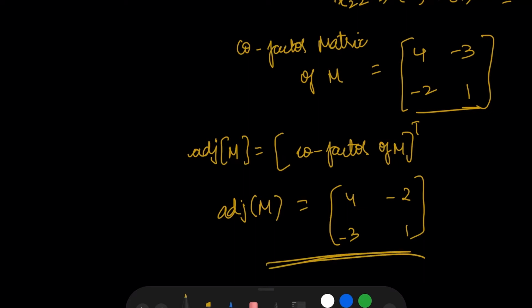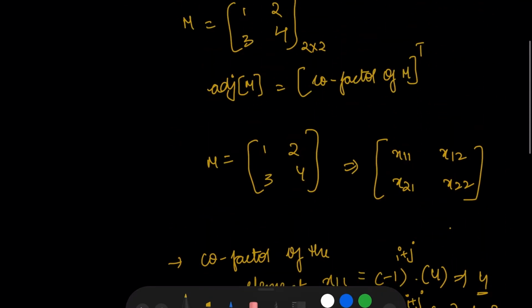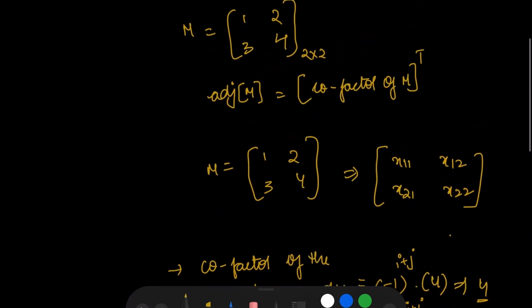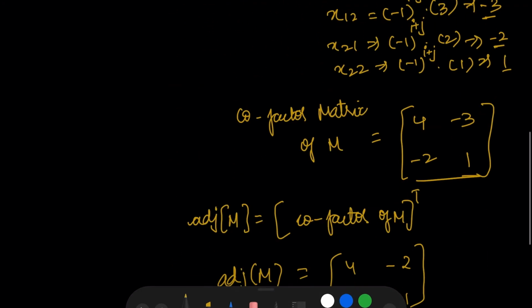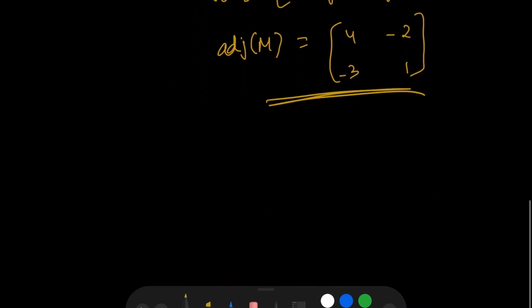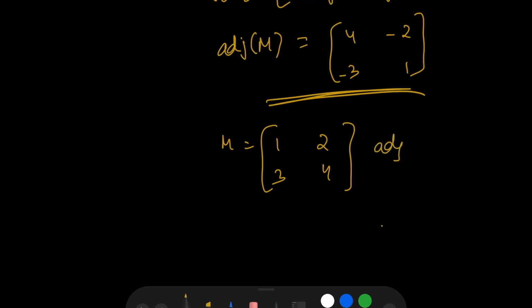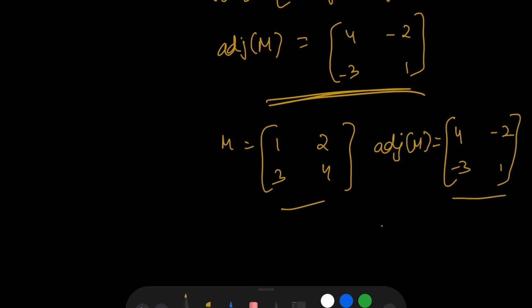So the original matrix M is equal to 1, 2, 3, 4, and the adjoint of this matrix M is equal to 4, minus 2, minus 3, and 1. So just observe the differences.